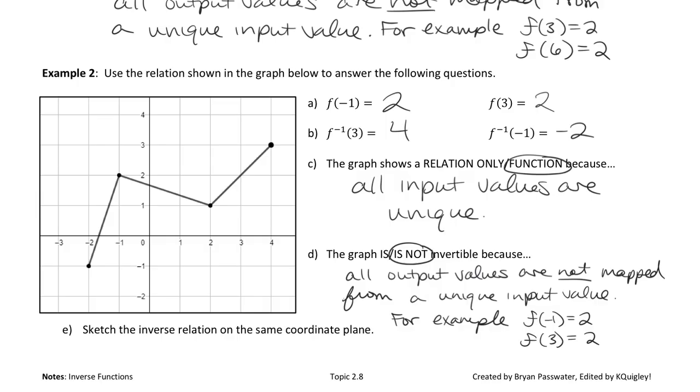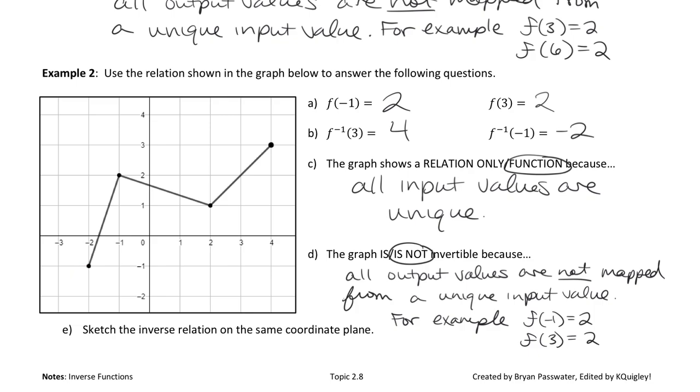Now part E down there says to sketch the inverse relation on the same coordinate plane. Interesting. How can we do that? 2 ways. Number 1, and the easiest way to do this is inverse relations, switch the x and y. So what is the coordinate point of this dot right here? Negative 2, comma, negative 1.